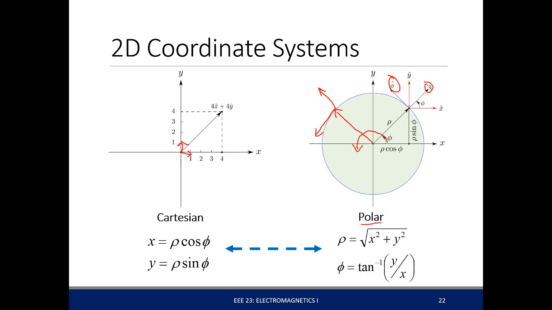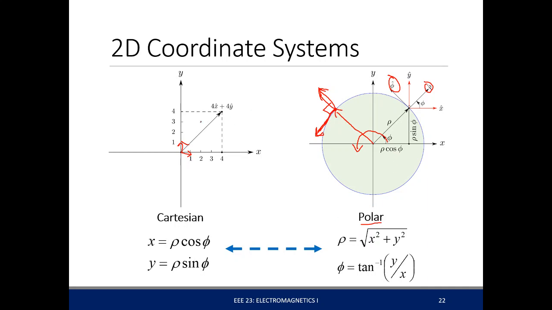So at this point, your phi hat points tangent to the circle and points downwards. It's always perpendicular to your rho hat. That makes rho hat and phi hat viable component vectors for a vector defined in this polar coordinate system.